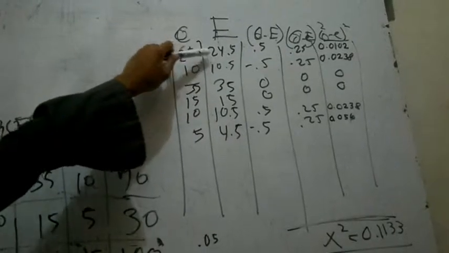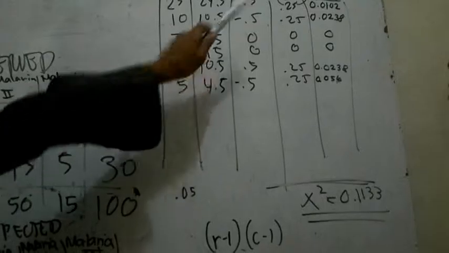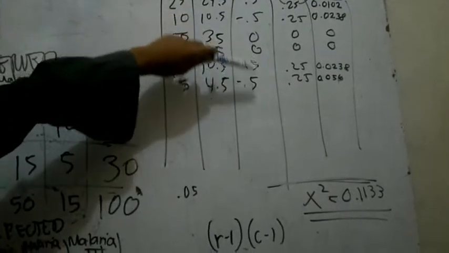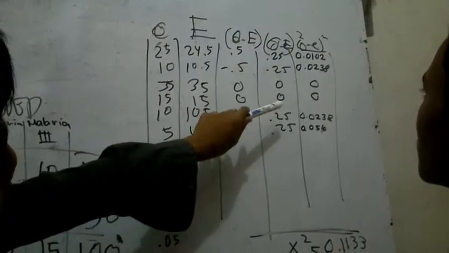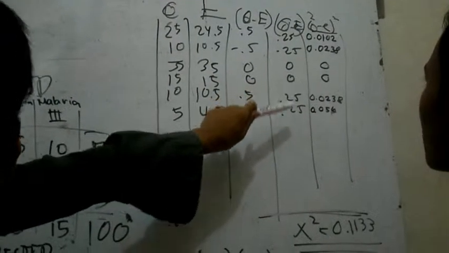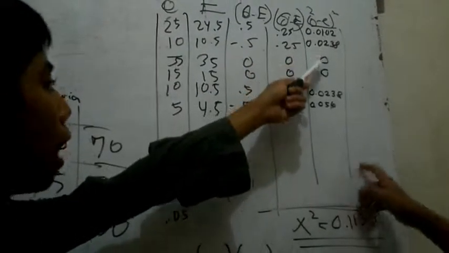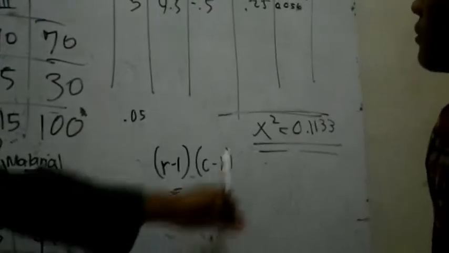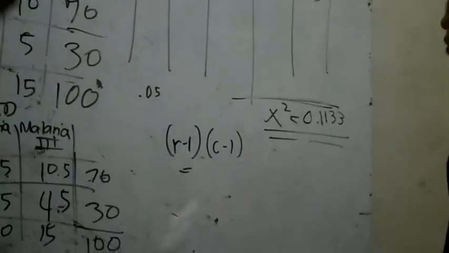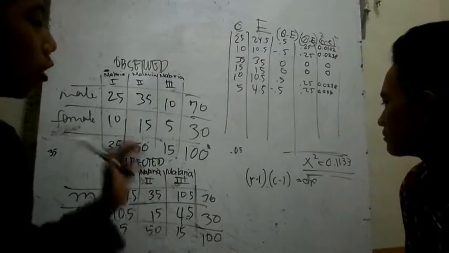After that, we subtract these two to get this. Then you square the difference between the observed and the expected, and divide the answer by the expected one. After that, you add these up, and then you will get the chi-square, which is 0.1133.